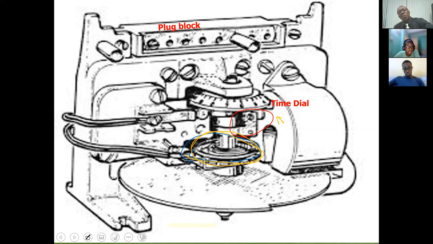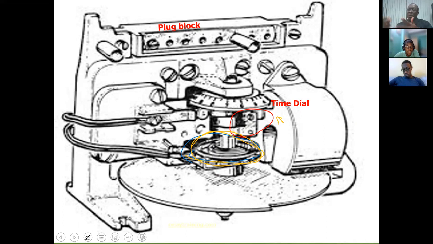Now the time dial, if you recall, on the curves, you had the different time dial settings. So you had 0.5, 1, 2, etc. All you're doing is moving this dial, and by moving the dial, you're moving the rest position of the movable contact closer and closer to the fixed contact.